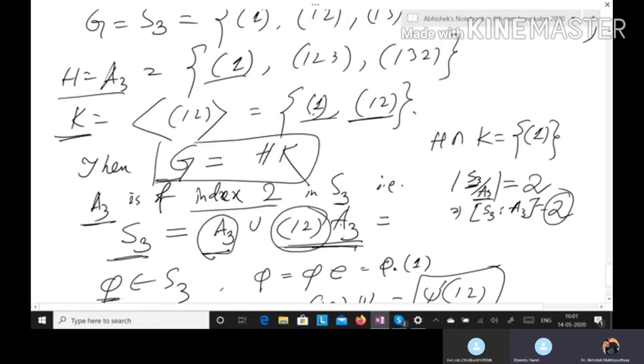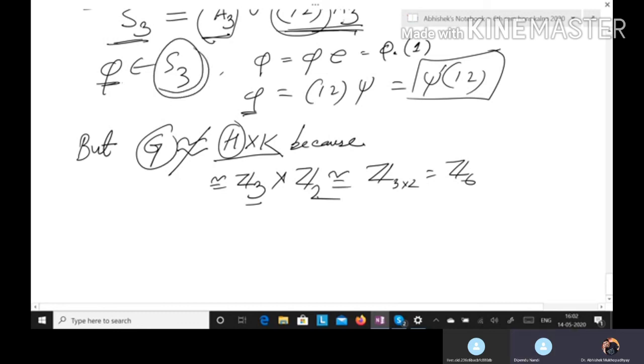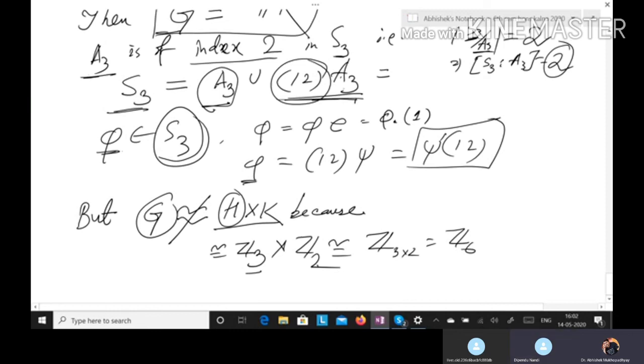And K is a cyclic group of 2 elements, isomorphic to Z2. But the GCD of 2 and 3 is 1, so H cross K will be isomorphic to Z3 cross Z2, that is Z6. So H cross K is a cyclic group. But G is S3, which is a non-abelian group. So this contradicts G being isomorphic to the external direct product of H and K.